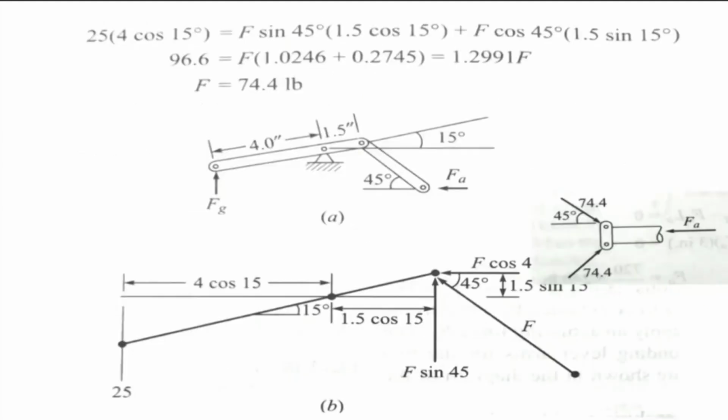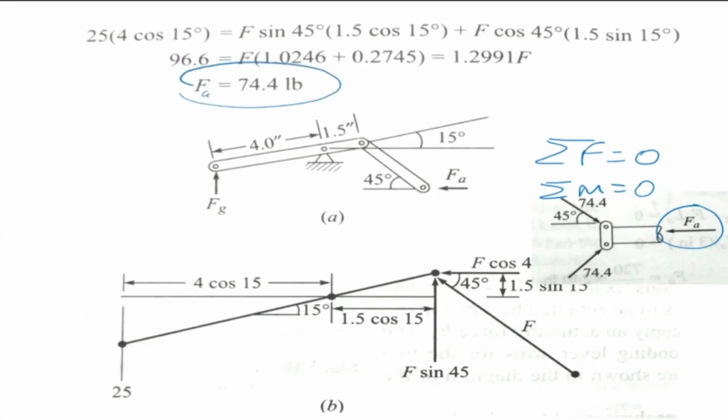I break it up into the free body diagram, look at all the forces acting at the joints, and then by the equilibrium equations, sigma F equals 0 and sigma M equals 0, I can find what Fa should be. In this particular case, we find Fa is equal to 74 pounds.